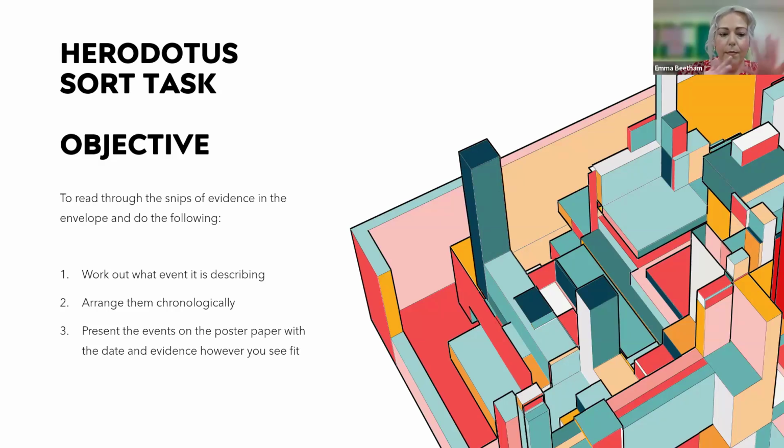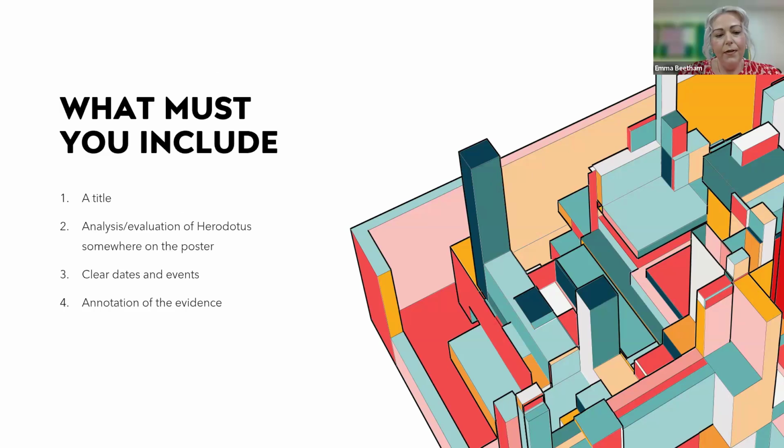And then I gave them poster paper and glue sticks, etc. They were then to present those different sheets of paper that I'd given them in order, and try and work out the date, etc. So they had to include a title.